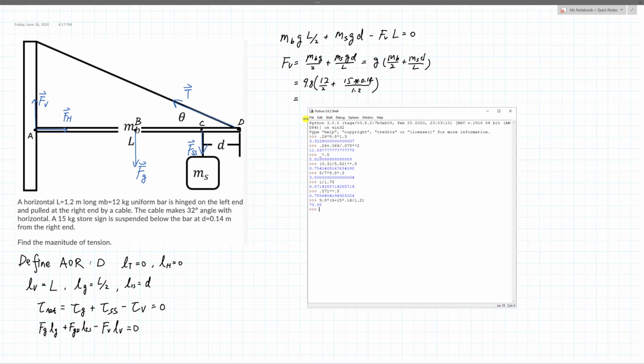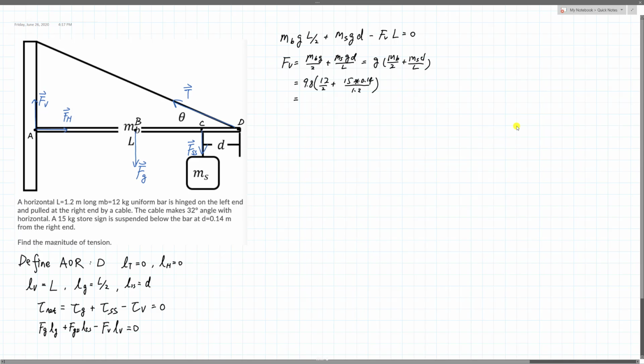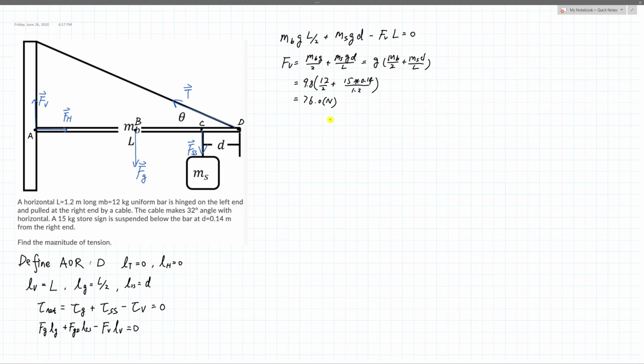So we have the vertical force is 75.95, so 76.0 newtons. Okay, so now that we have this force, we can use this force in the free body diagram.